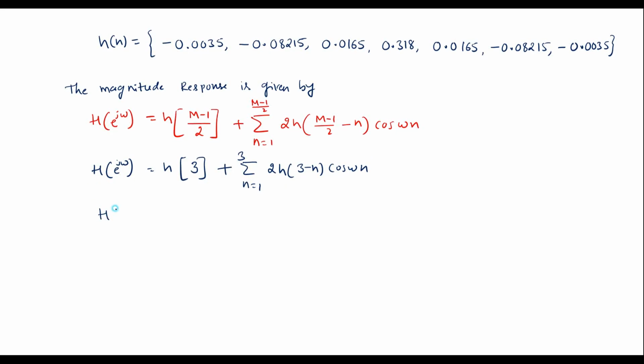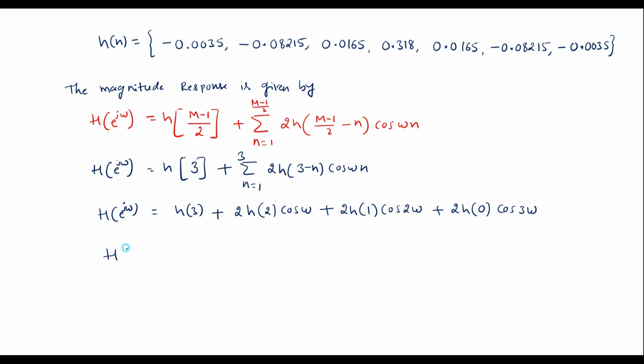So same thing, I can represent it as h of e power j omega is equal to h of 3 plus, I will expand this summation, 2h of 3 minus 1, that is 2, cos of omega, here n is equal to 1, plus 2h of, taking n equal to 2, that is 3 minus 2 is 1, cos of 2 omega, plus for n equal to 3 it will be 2h of 3 minus 3 is 0, cos 3 omega.